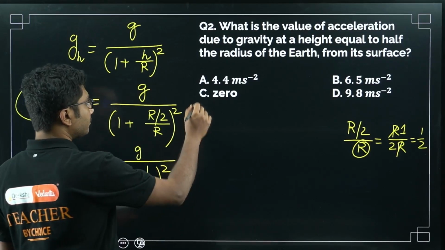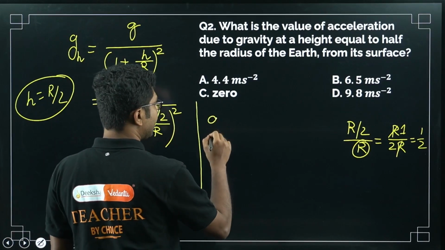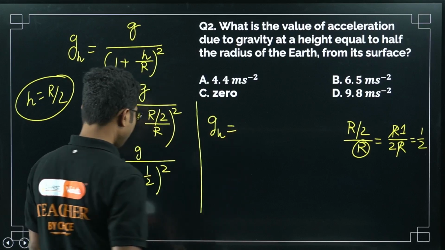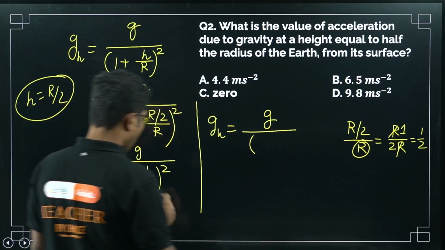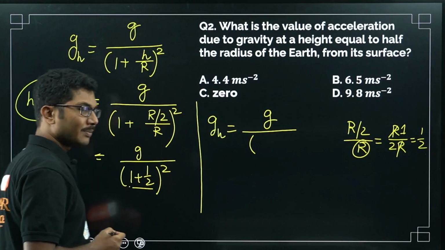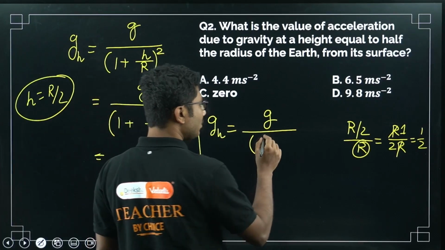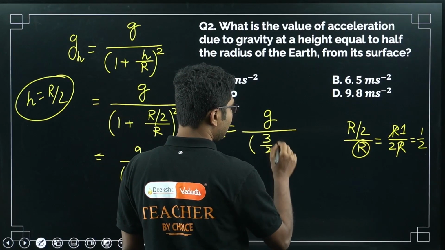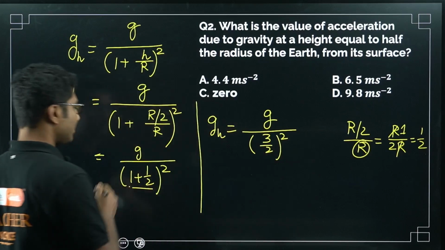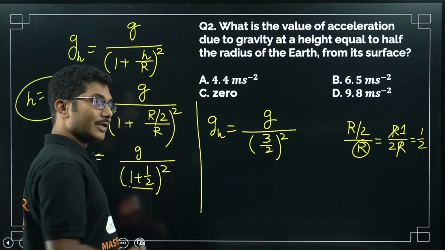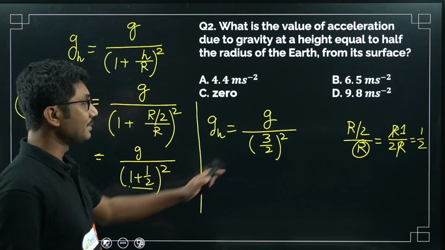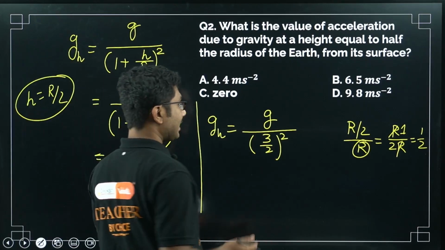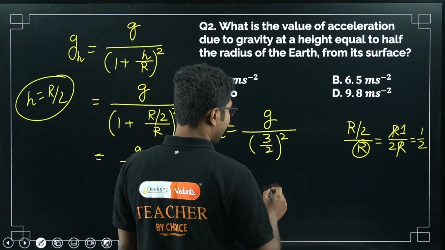Now what is the value? g_h is equal to g divided by 1 plus half, and 1 plus half is 3 by 2. You can do it using the mathematical method, or you can simply understand this and write it, whatever way you are comfortable with.